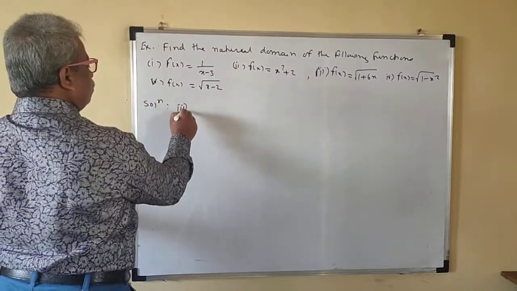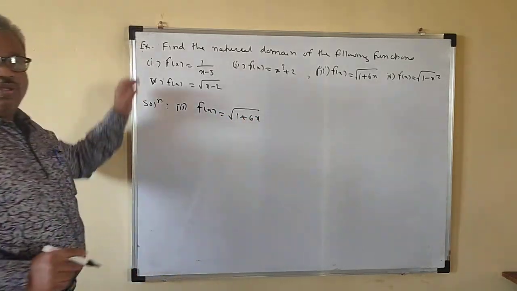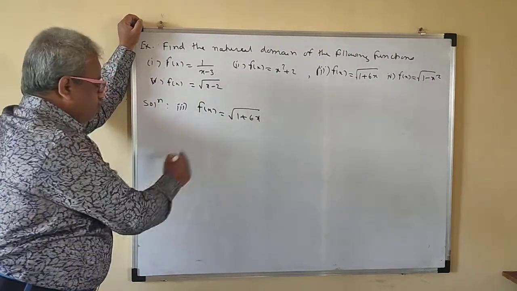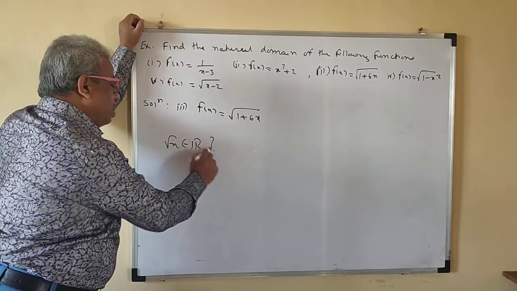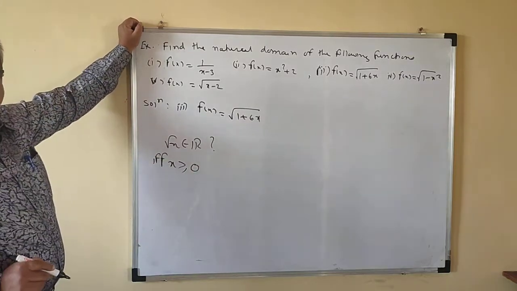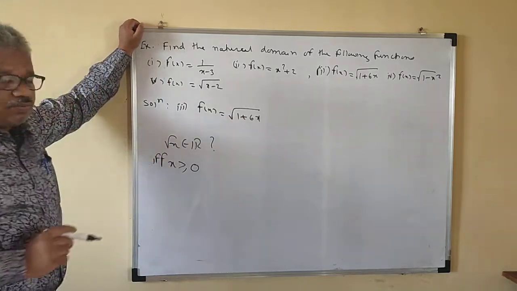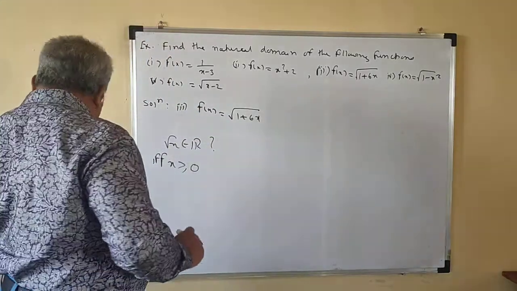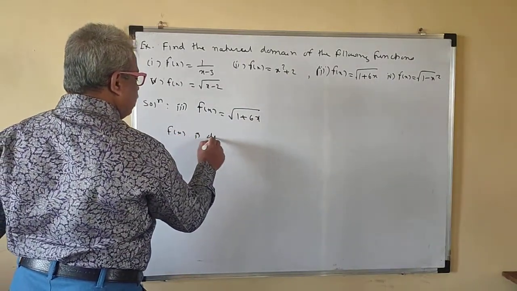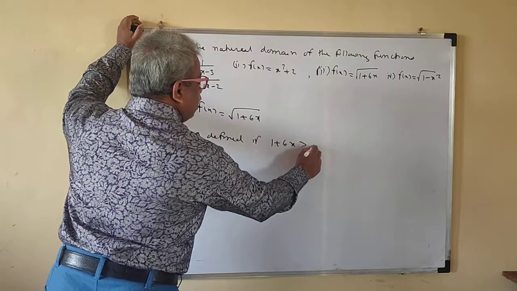Third one: f of x is equal to root of 1 plus 6x. Now the root of a number is a real number if and only if the number is greater than or equal to 0. That is, when the root exists, x is non-negative. So f of x is defined if 1 plus 6x is greater than or equal to 0.